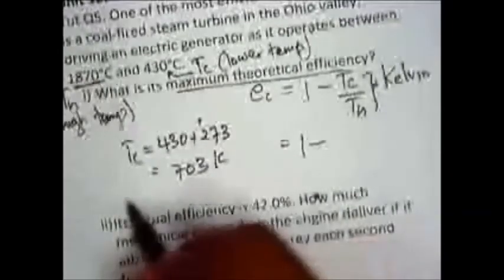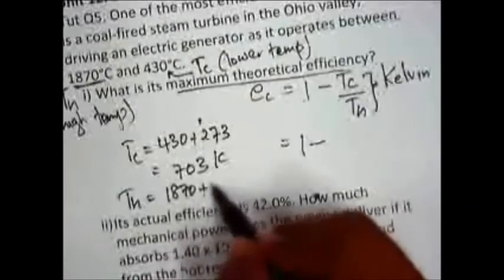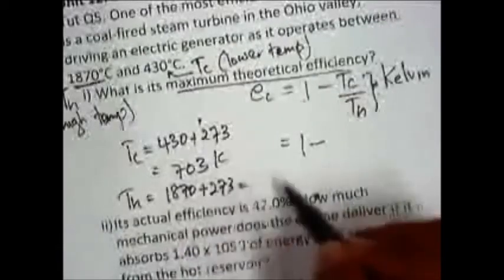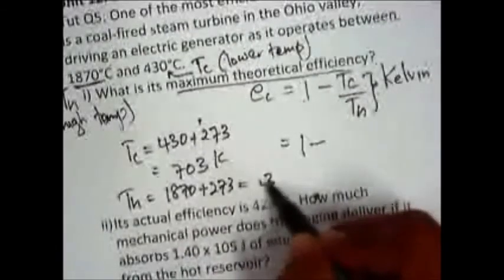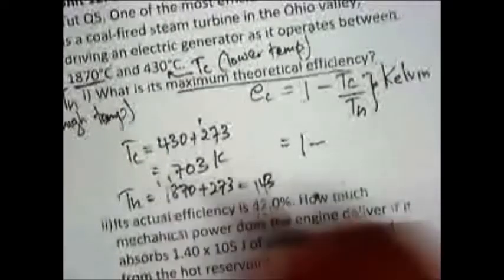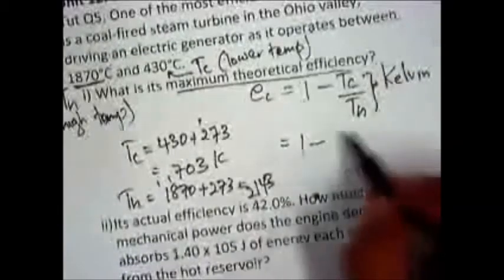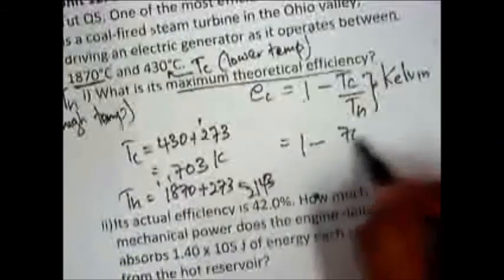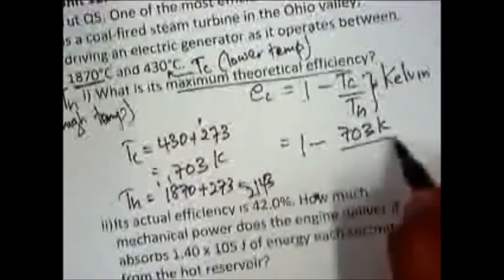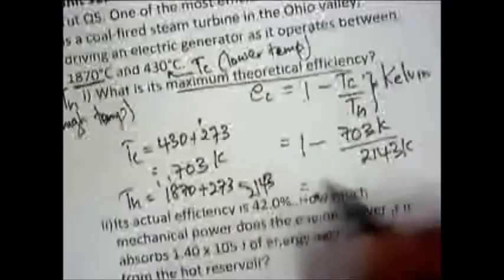And similarly you find Th: 1870 plus 273, you get 2143. So you do 703 Kelvin divided by 2143 Kelvin.